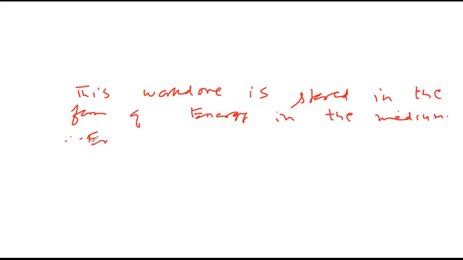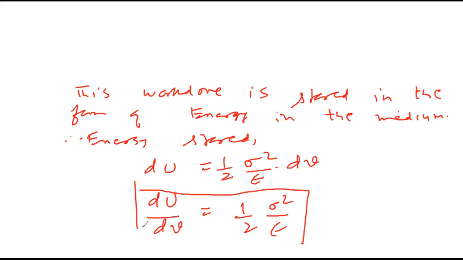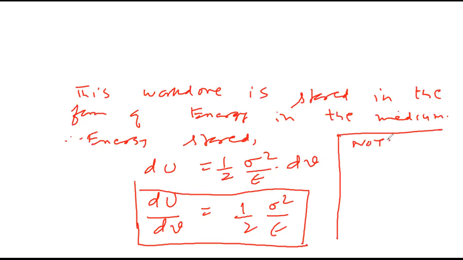Therefore, energy stored du is half sigma square upon epsilon into dv. So du upon dv is half sigma square upon epsilon. That means energy stored per unit volume in the medium or force per unit area, we got same to same answer.